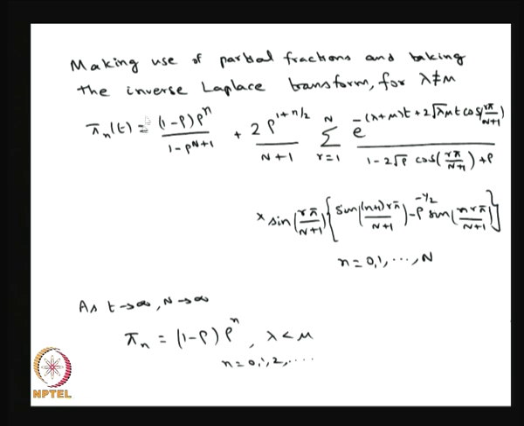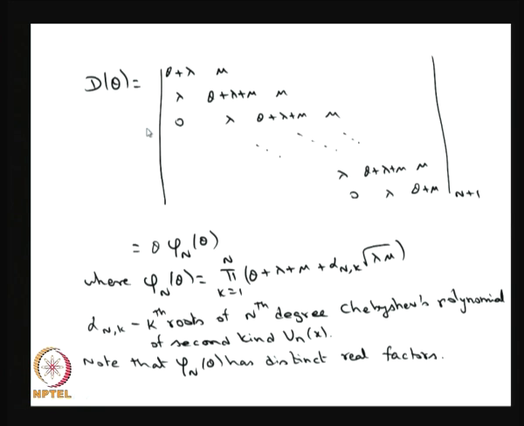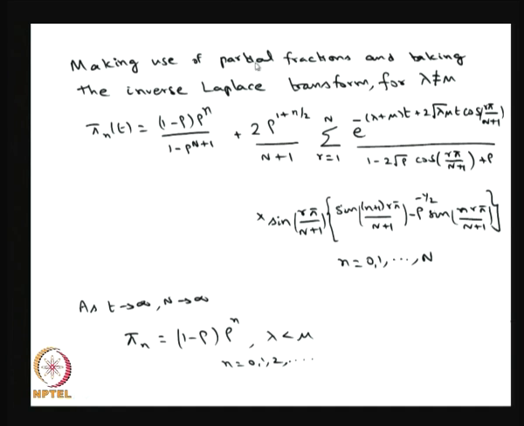I am skipping all the simplification part. The main logic is this n plus 1 order matrix determinant, and that determinant has factors related to the Chebyshev polynomial roots. So, once you use all those logics and the partial fractions, finally you take the inverse Laplace transform.